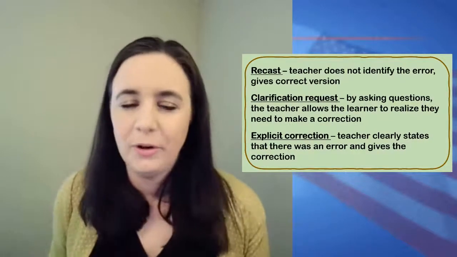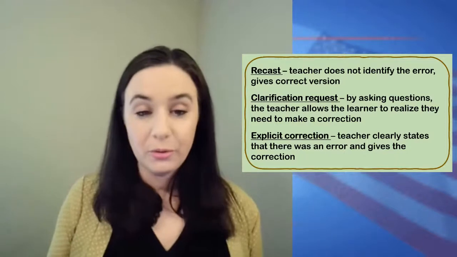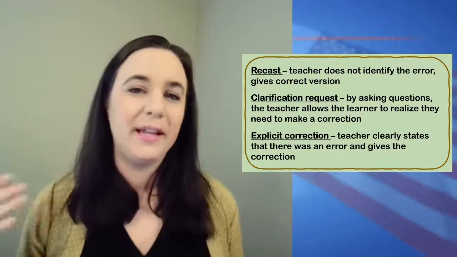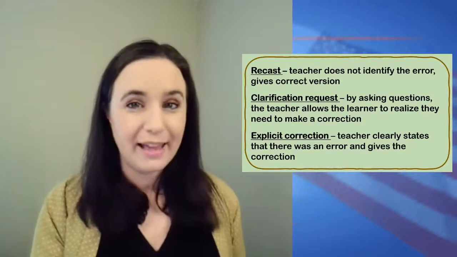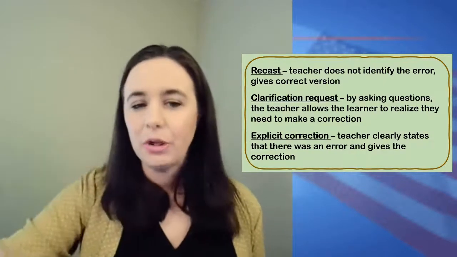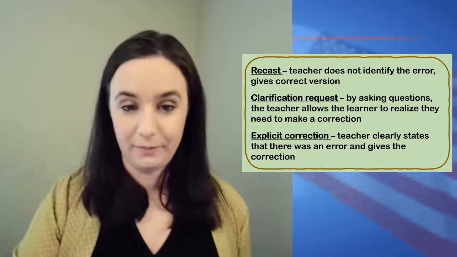Let's look at these one more time in a quick review. The first 2 correction strategies that I shared with you are the 2 that are implicit, the least direct. So we have recast, where the teacher does not identify the error, but gives you the correct version of what you meant to say in the conversation.